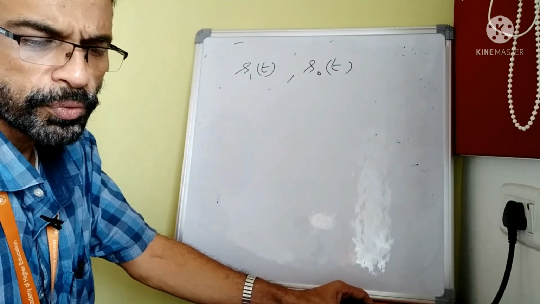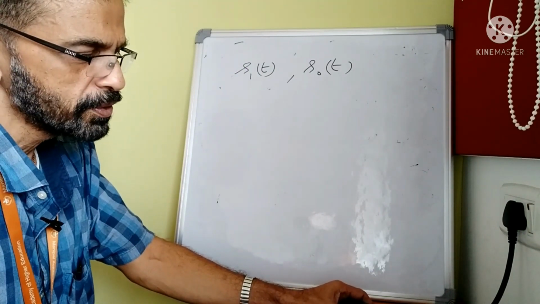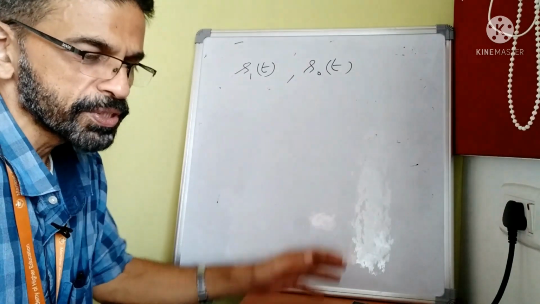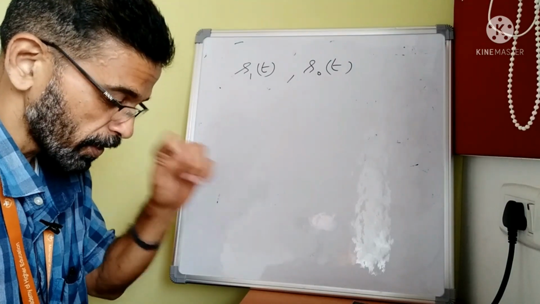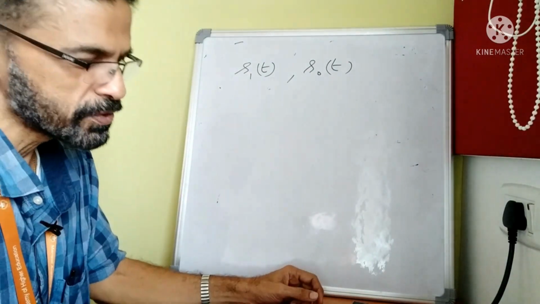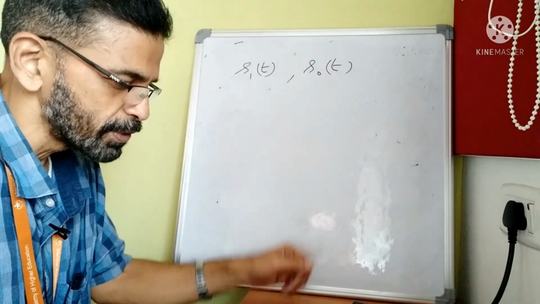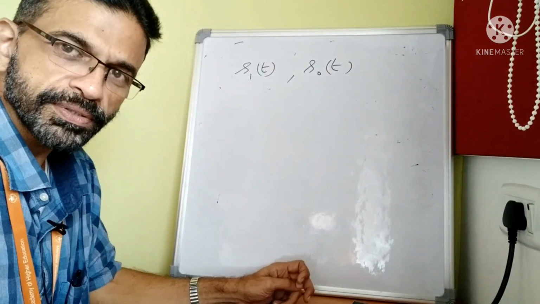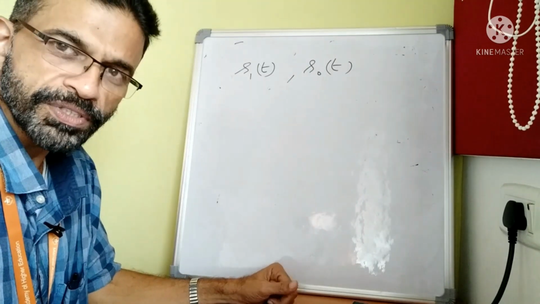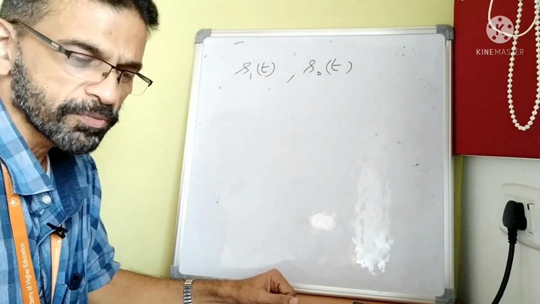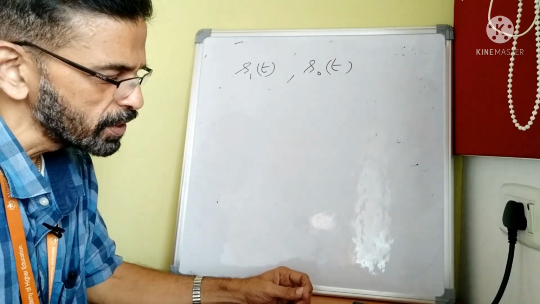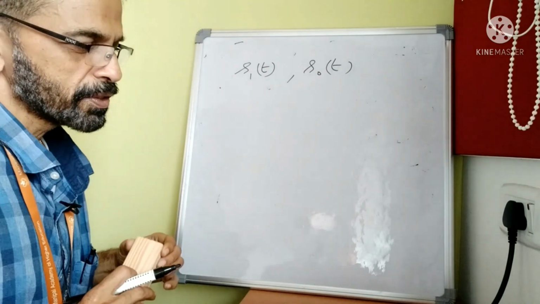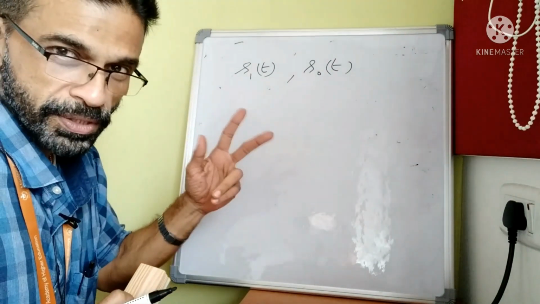We have to obtain a suitable series representation for this before we proceed, and that means we should have the required number of basis functions so that we can represent these signals faithfully. The task is now in our hands: we have to find the basis functions and a faithful series representation, and we are free to choose the basis functions as long as we are able to represent these two signals faithfully.